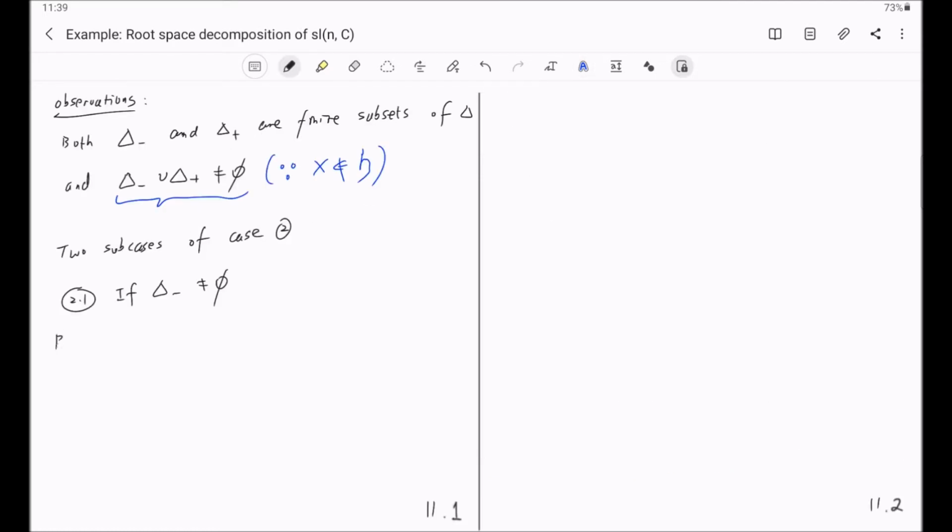So recall that there exists a total order denoted. Remember previously we used a greater sign, but here we are going to use the less than sign.